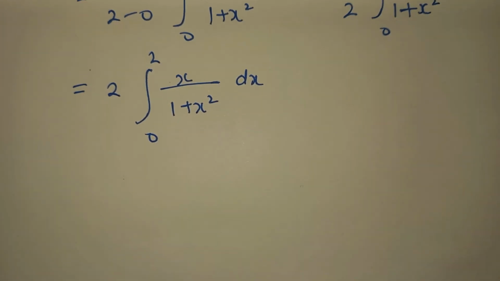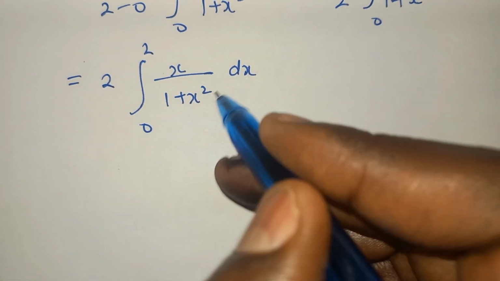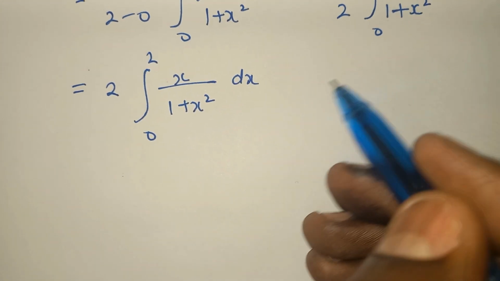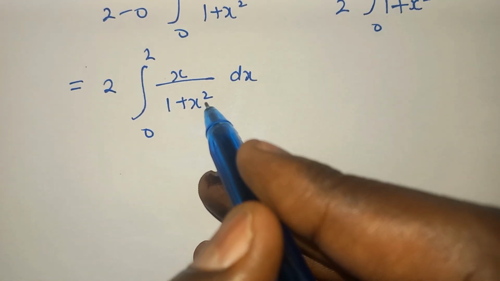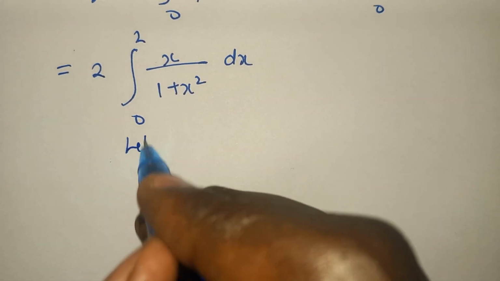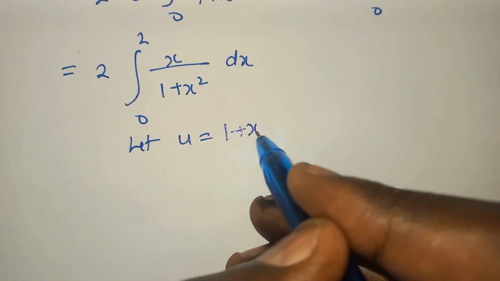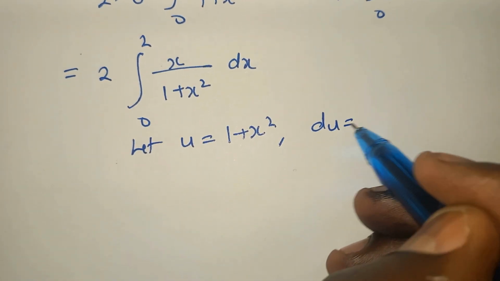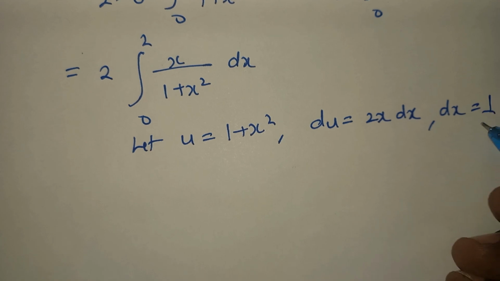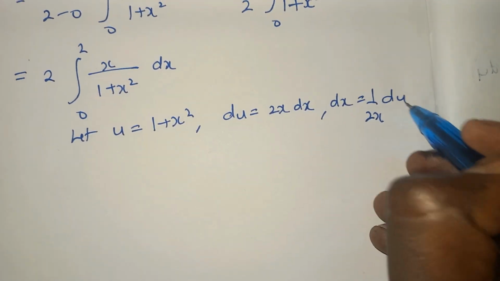Now, we can integrate this directly by using substitution. If we let u to be 1 plus x squared, we can see that du will be 2x dx, so that dx is 1 over 2x du.